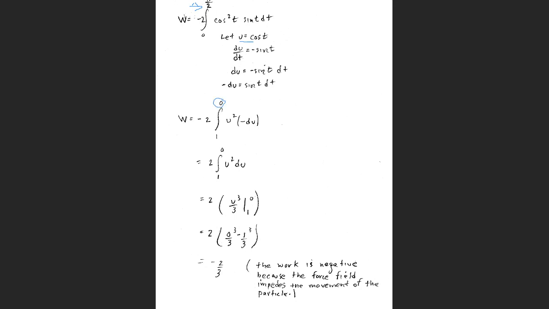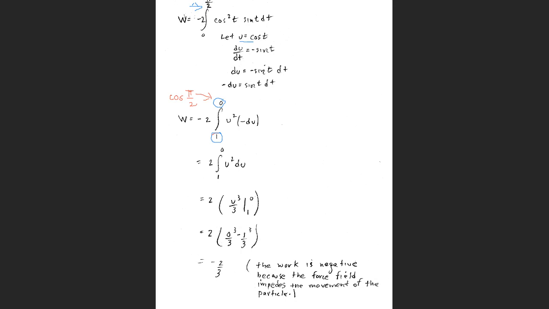The cosine of 90 degrees equals 0, so we're getting our u limits here, since u is cosine of t.